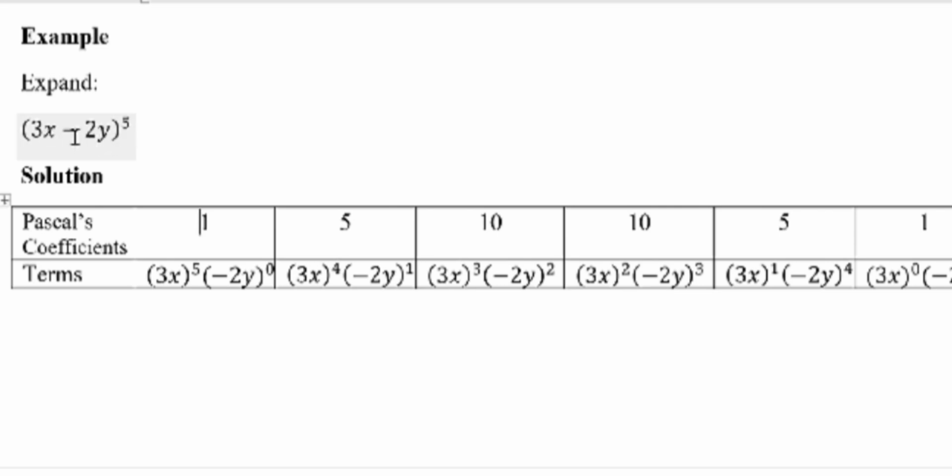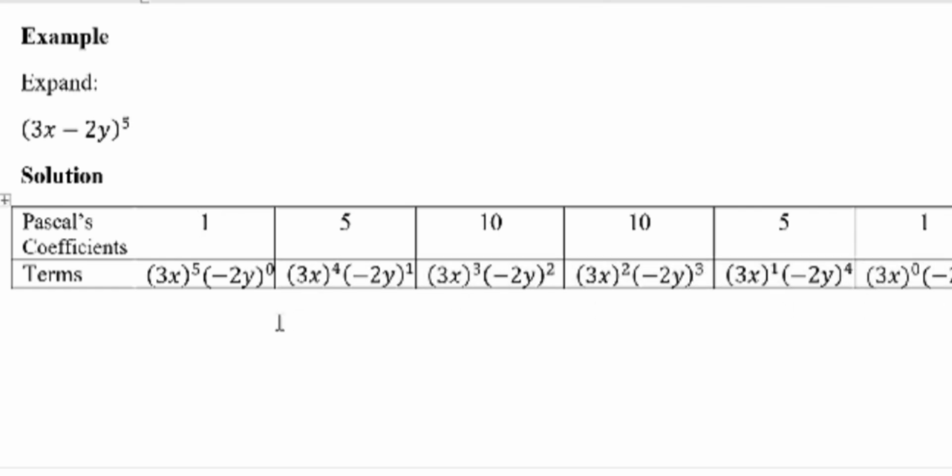Then for negative 2y, you write it in ascending powers from 0 to 5. So that's why we have 3x raised to power 5, 4, 3, 2, 1, and 0. And then negative 2y raised to power 0, 1, 2, 3, 4, and then 5.